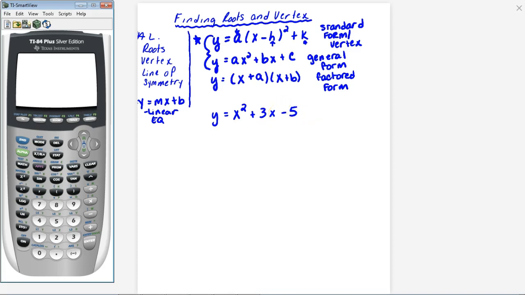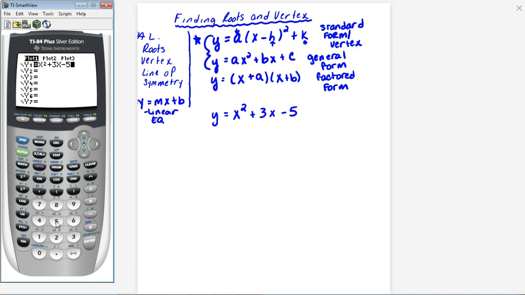I hope you may have already started doing this. Let's go to your calculator, go to y equals, and put x squared plus 3x, do this with me, minus 5.